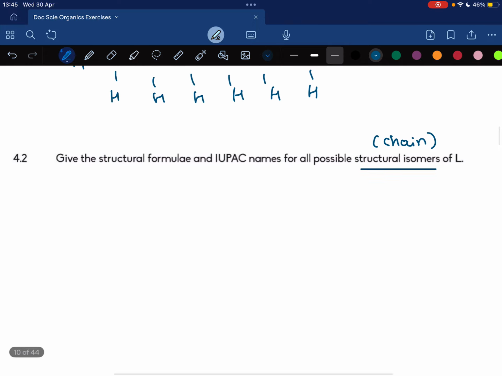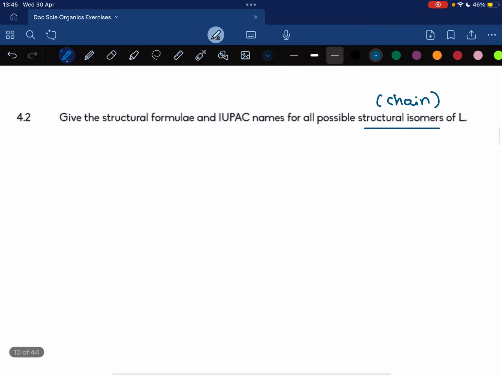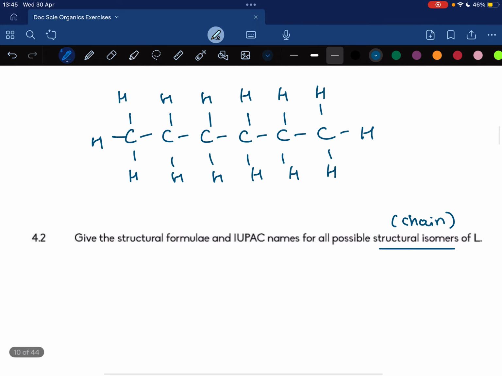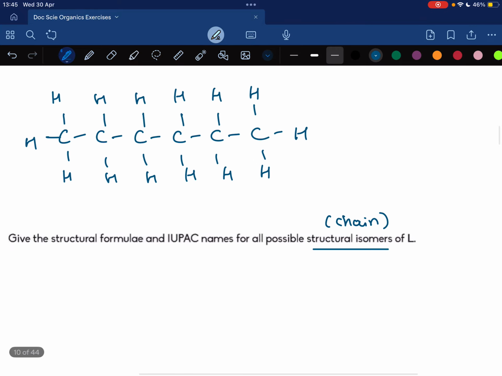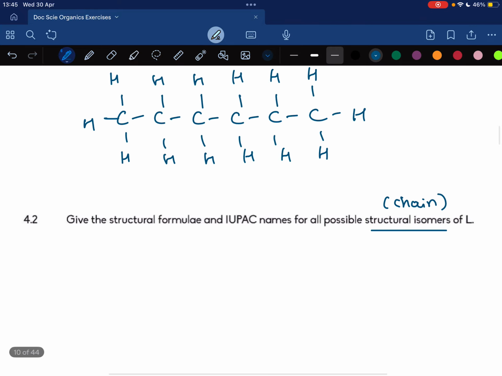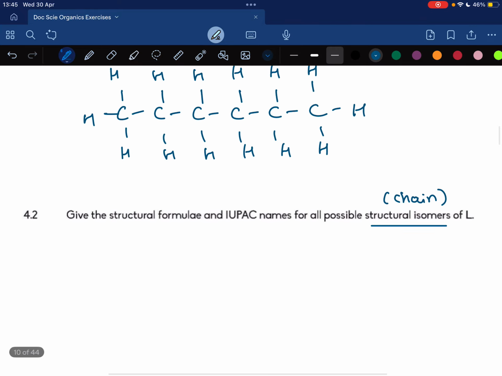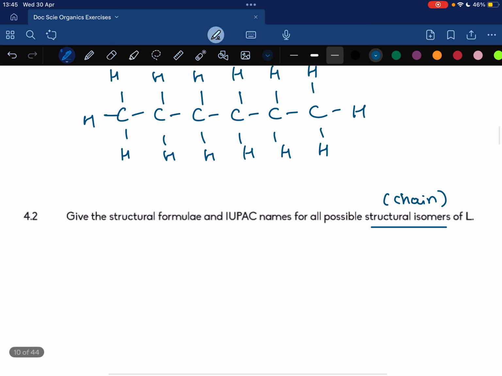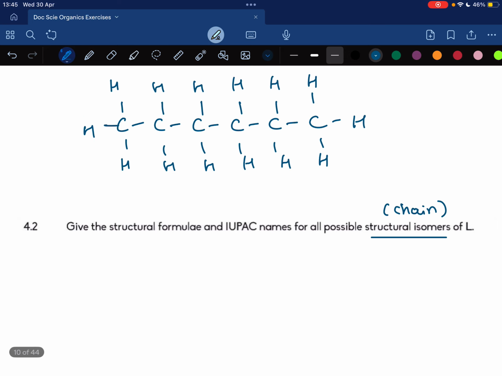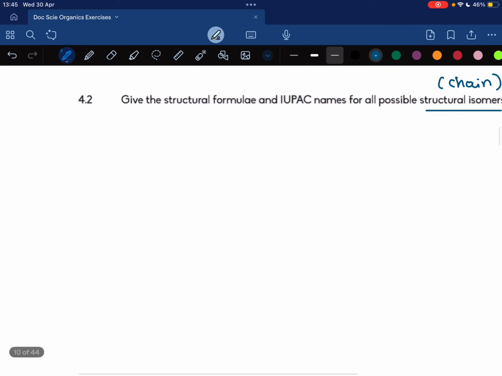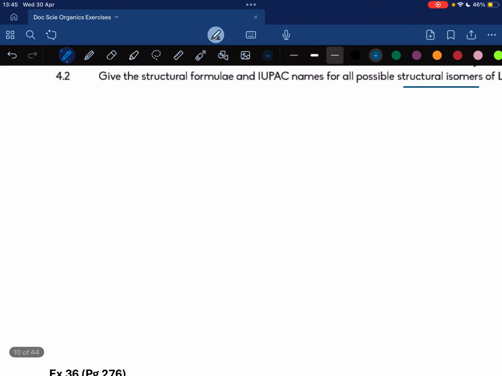Okay, so it says they want the names of all possible isomers. It's always good to look at a mark allocation, but in this case, we're just going to try and see how many we can do. So I can see that the only thing you can do is reduce your longest carbon chain. So let's start with 5 carbons then.